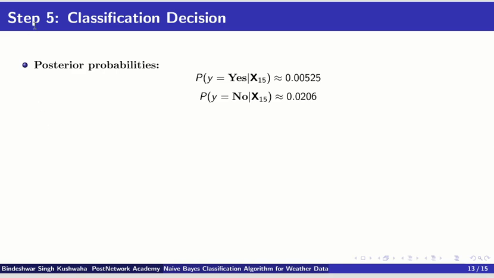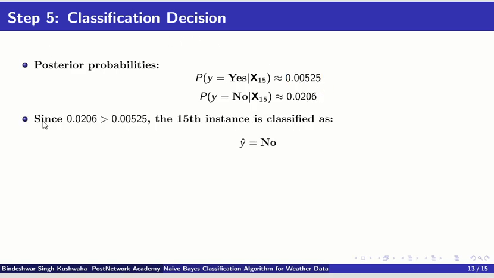So probability of class yes given x15, that is 0.00525 and probability of class no given instance 15, that is 0.026.